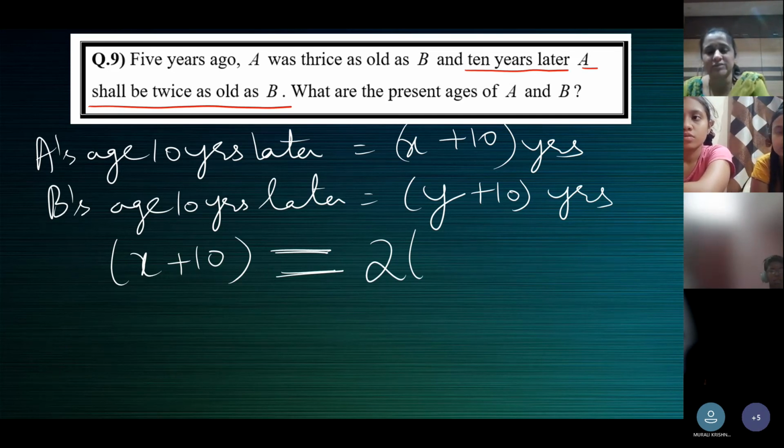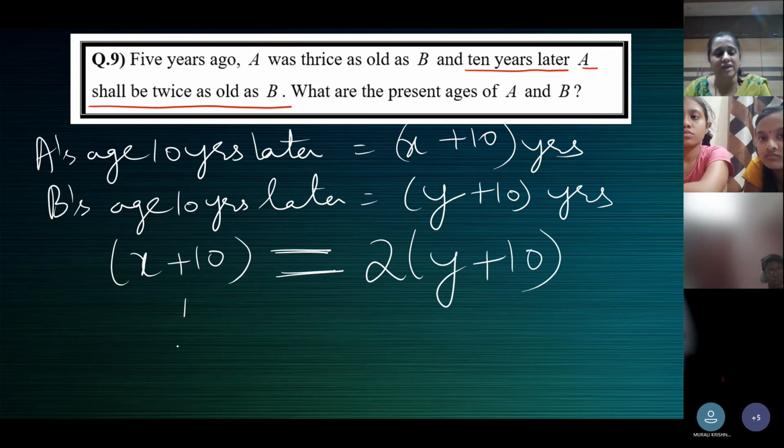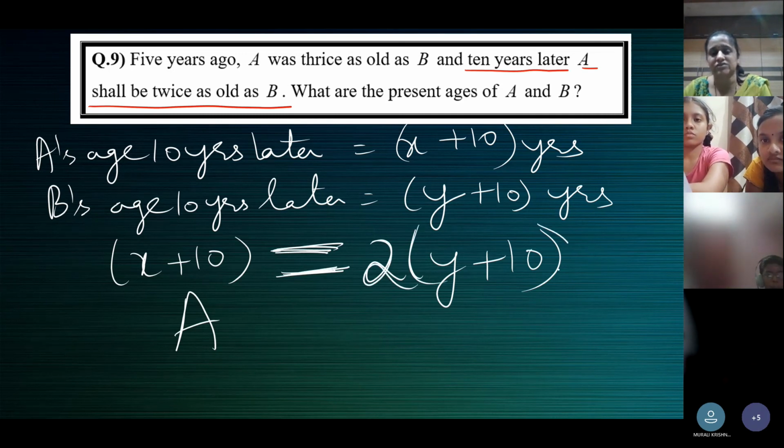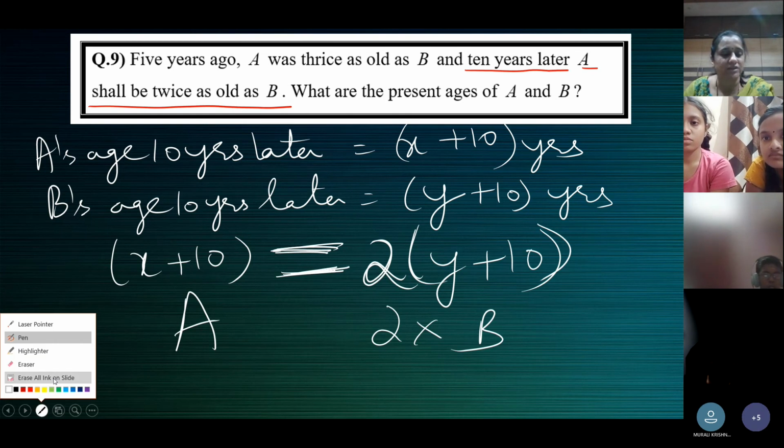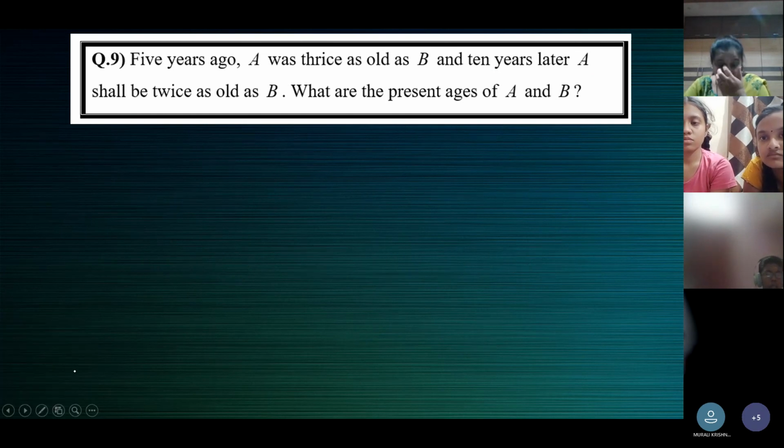So 2 times B's age, meaning 2 into Y plus 10. So X plus 10 equals 2 into Y plus 10. Simplify, get the equations and solve them for X and Y.